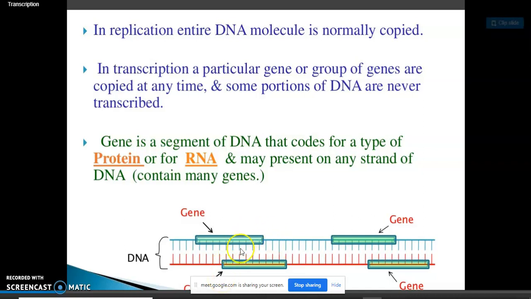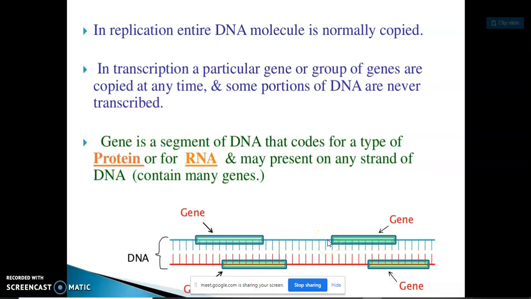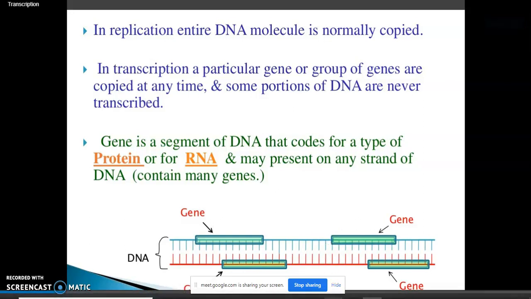You don't think the double-stranded DNA together is going to code. No, it is a single strand, because one strand is enough to act as a template. Do you understand, girls? Are you all following? Yes, ma'am.